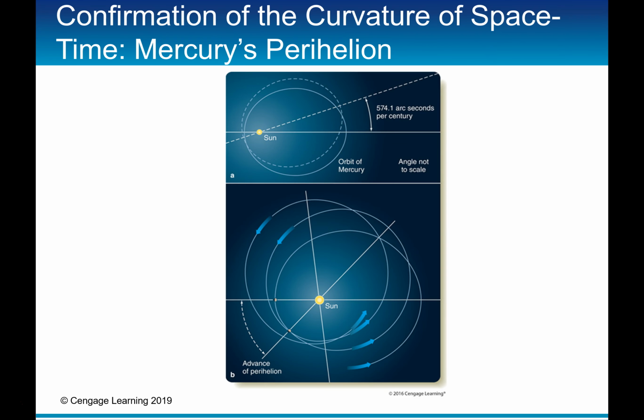Another outcome of Einstein's theories of relativity is this idea of the fabric of space-time. This phenomenon of space-time is a player when we start to talk about large-scale objects like galaxies and how our universe is arranged.